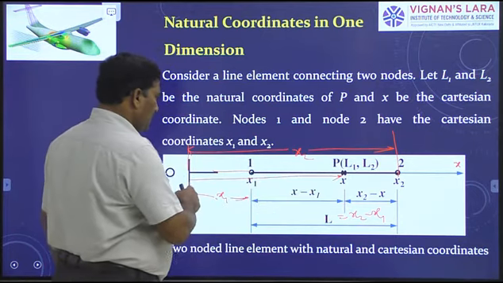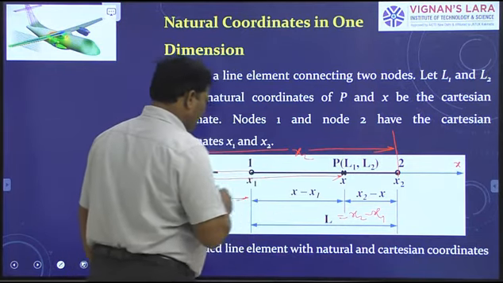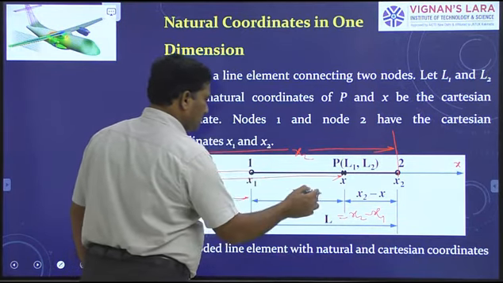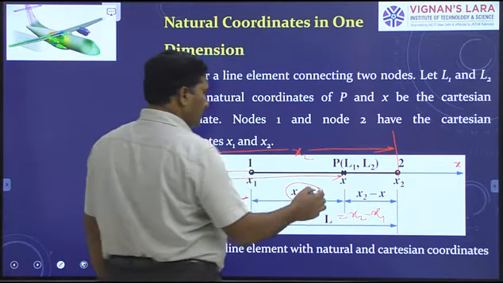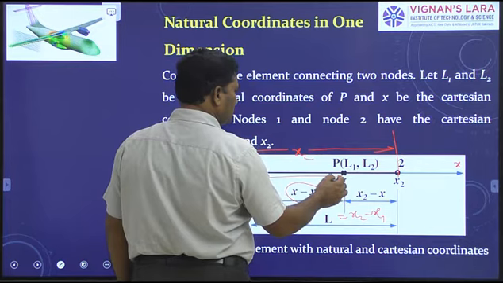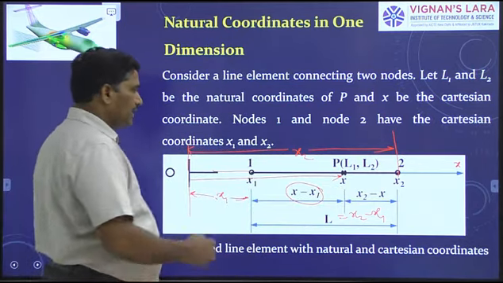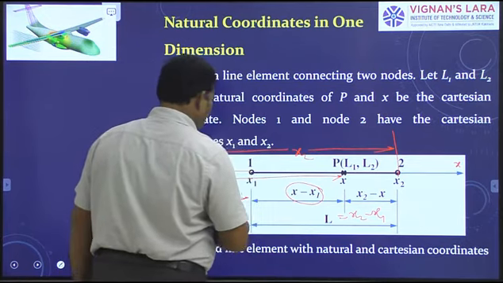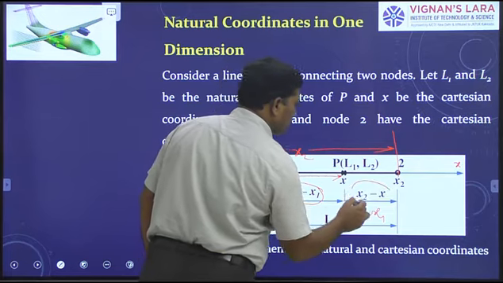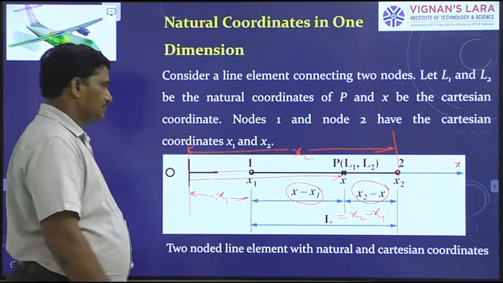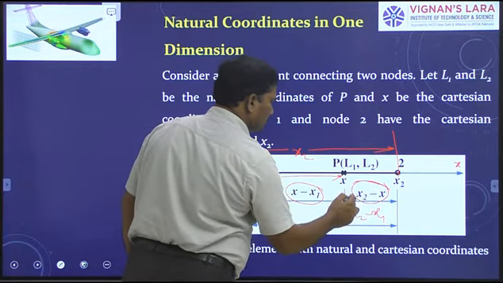It is simply x minus x1. What is the distance of x with respect to x2? Now, it is simply x2 minus x, which is this.